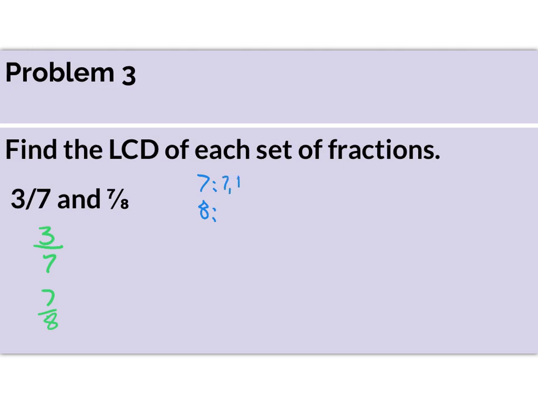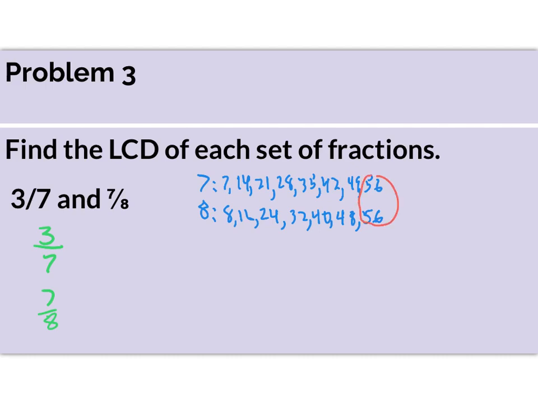So 7, 14, 21, 28, 35, 42, 49, 56. 8, 16, 24, 32, 40, 48, 56. And 56 is the lowest common multiple, which is also the lowest common denominator.